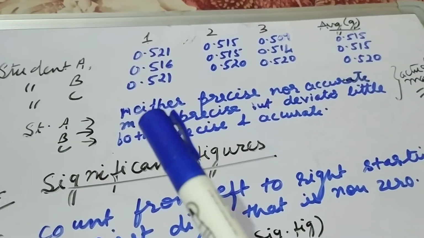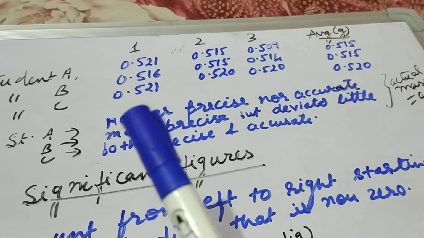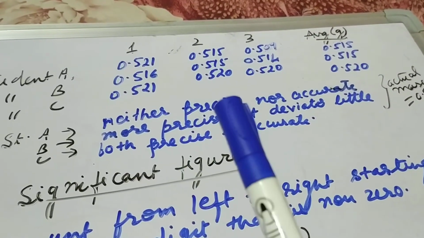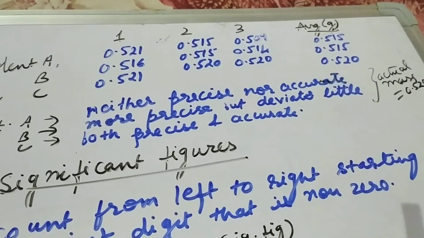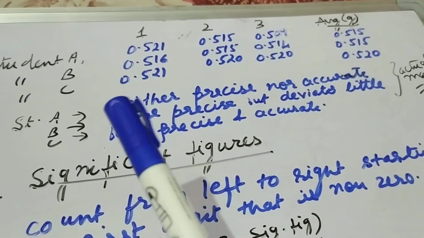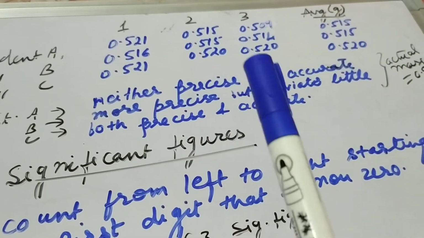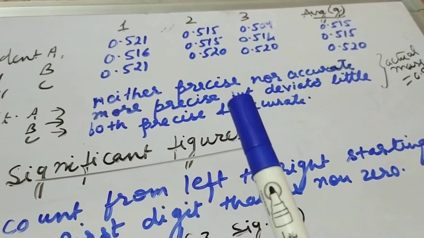Now see student A. The readings are 0.521, 0.515, 0.509. They are drifting apart, not very close to each other, so they are not precise. And the average value is also not close to the actual value, so it is not accurate either. Student B, the values are 0.516, 0.515, 0.514. They are very close to each other, so they can be taken as precise values.